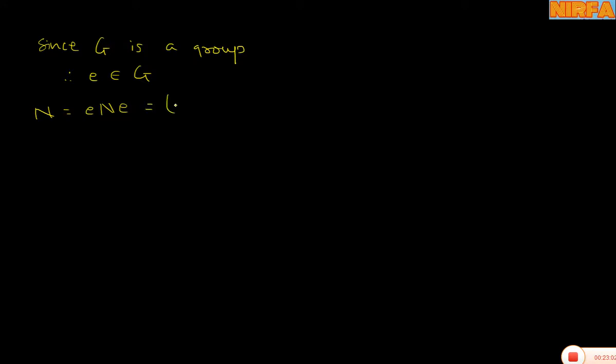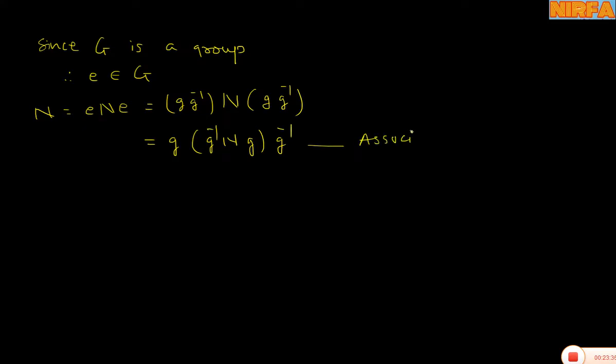Now instead of this e, I will write g into g inverse, keep this N as it is, and instead of this e, again I will write g into g inverse. Now I will write this expression as g (g inverse N g) g inverse. I can change the bracket. Why am I changing this bracket? The rule which I am applying here is the associative law. You can give the reason: associative law.